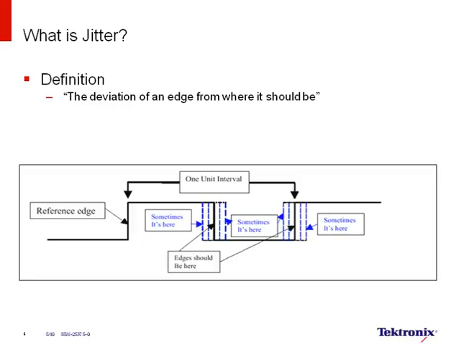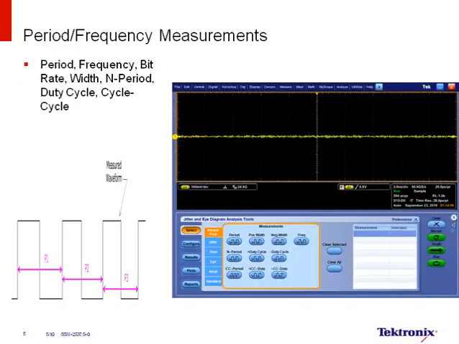Period and frequency measurements are the most fundamental and basic jitter analysis. In every technology or standard that you look at, it requires that you perform some kind of fundamental period, frequency, or bit rate measurement. The key challenge here is not making the measurements, but the statistics associated with those measurements.